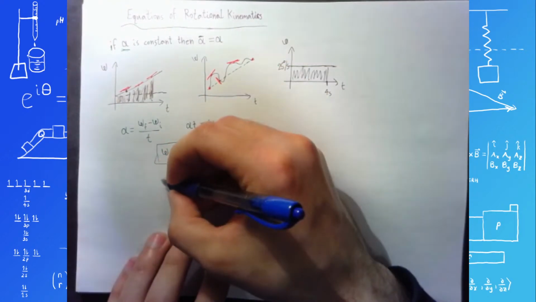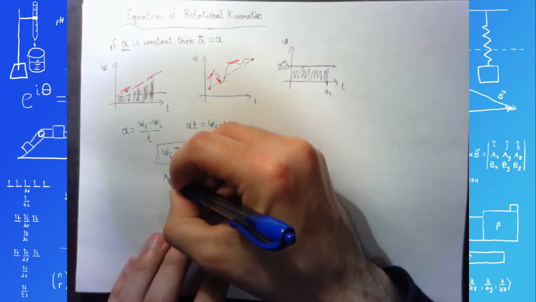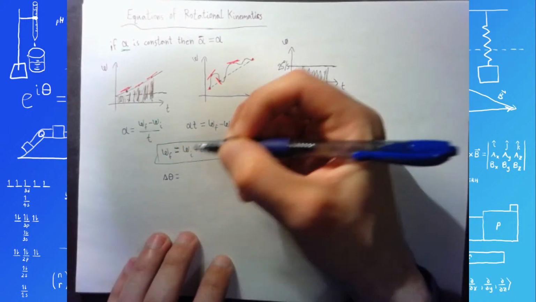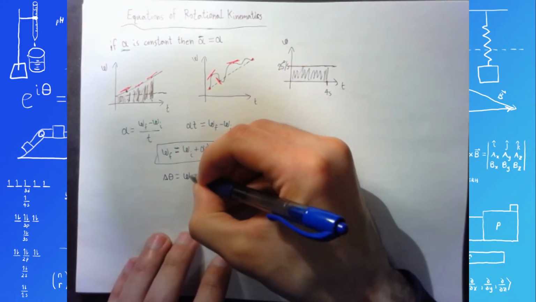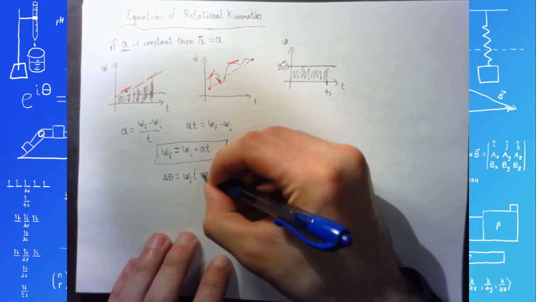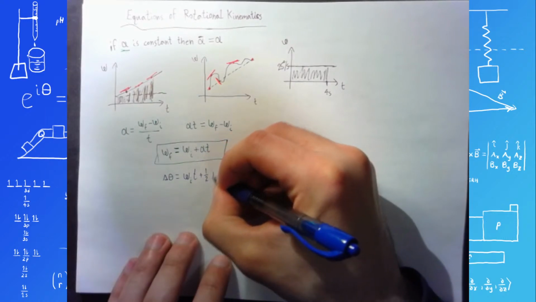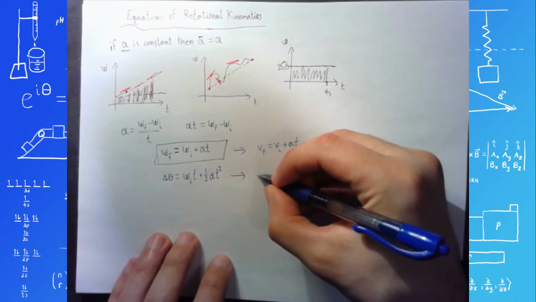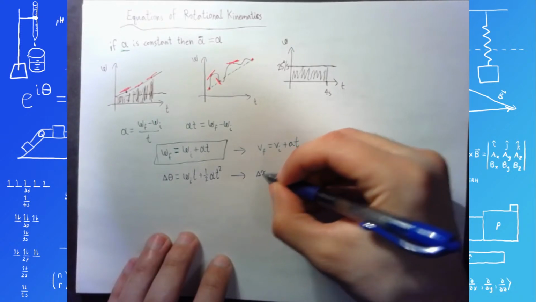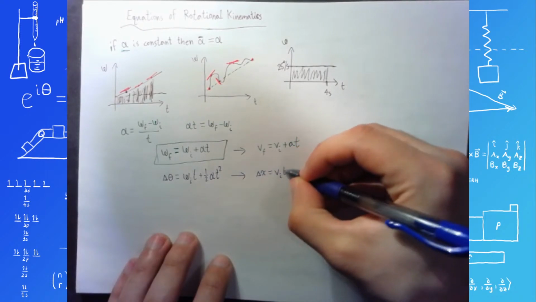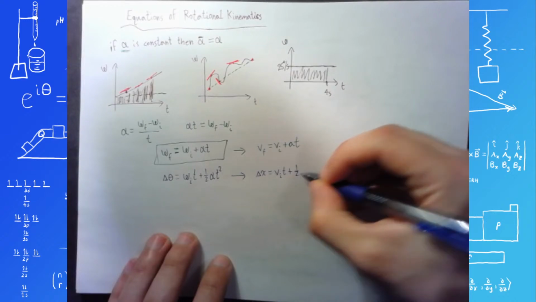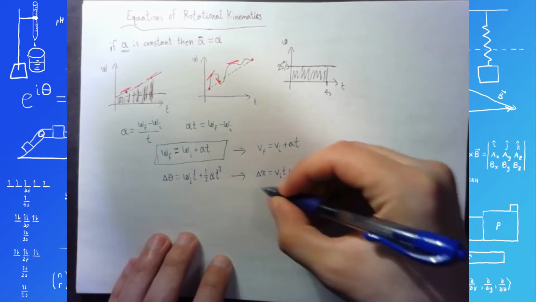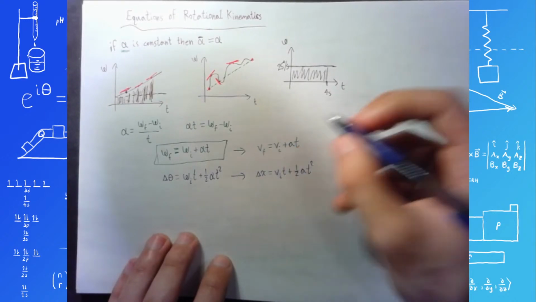But I'm just going to go ahead and say angular displacement equals omega initial times t plus 1/2 alpha t squared, which is the equivalent of delta x equals v initial t plus 1/2 at squared, or delta y, or whatever.